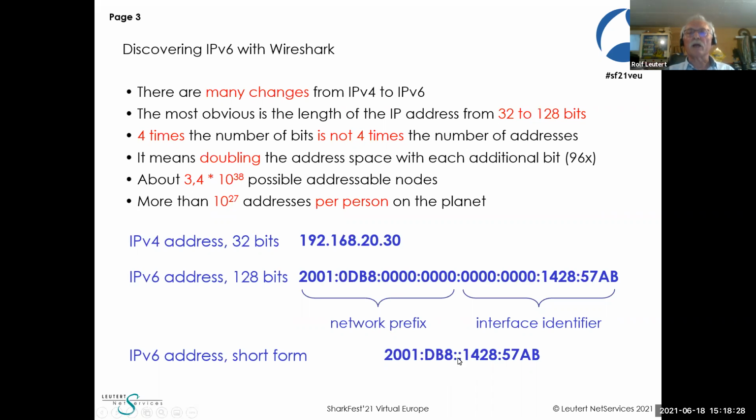And this is the same address. So you just need to fill in the zeros here in the middle up to the 128 bits. So that's really an advantage, and Wireshark makes use of this notation, of course. We will see in a minute that Wireshark knows these rules of skipping leading zeros.